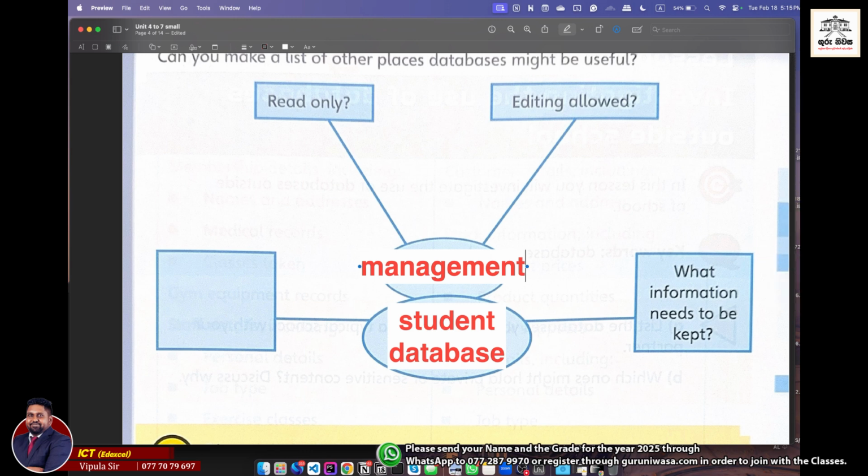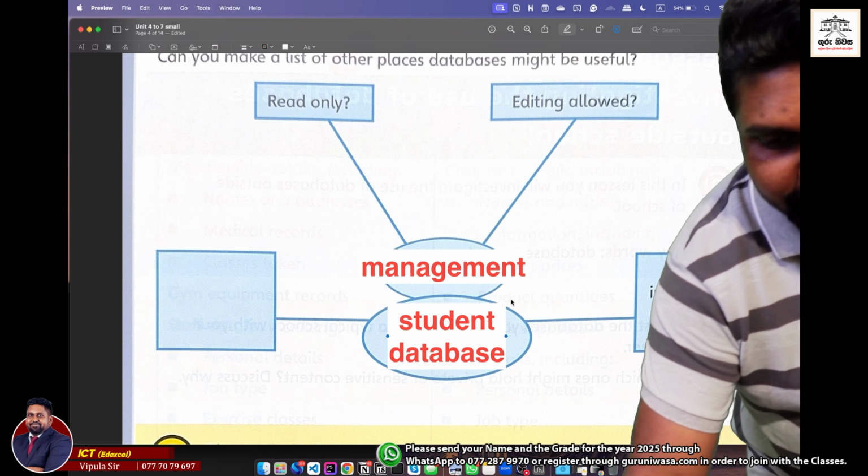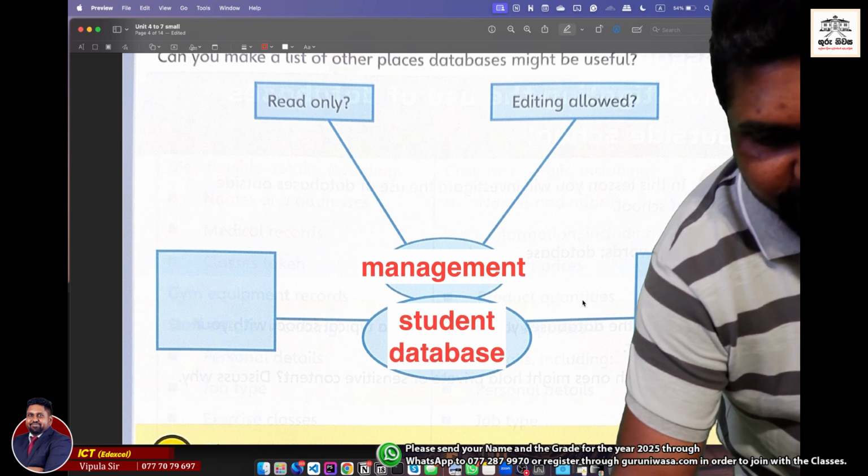Okay, so management. Nice, perfect. Management is the one who is going to use it, and I'll quickly use the same thing.